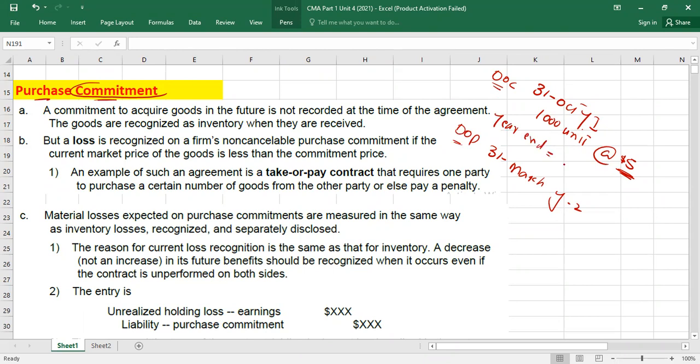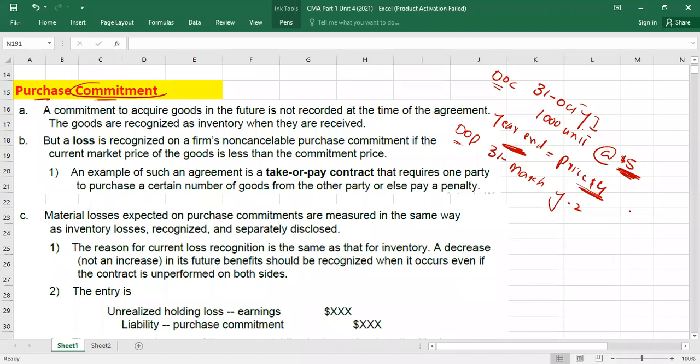At the end of the year, the price in the market could be different, but your agreed price is $5. Maybe the price could be $4 in the open market. You might purchase this product on 31st December, which is year end, at $4.